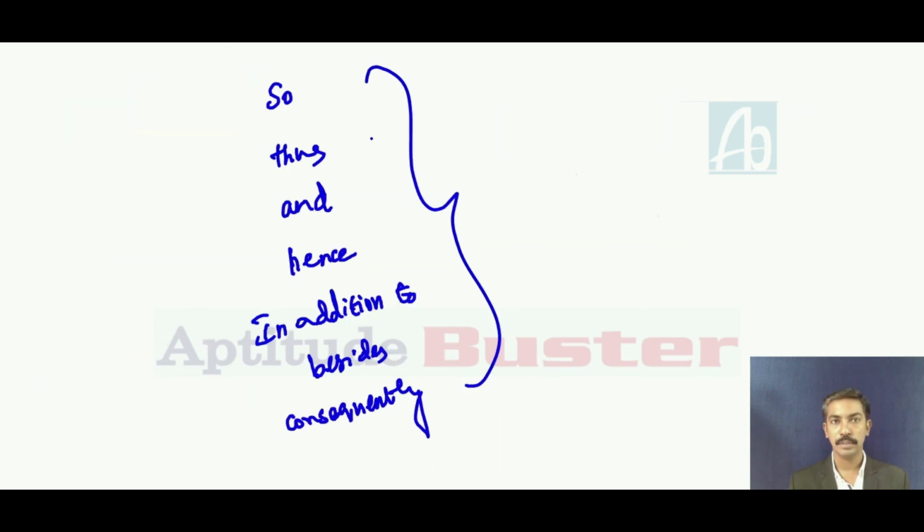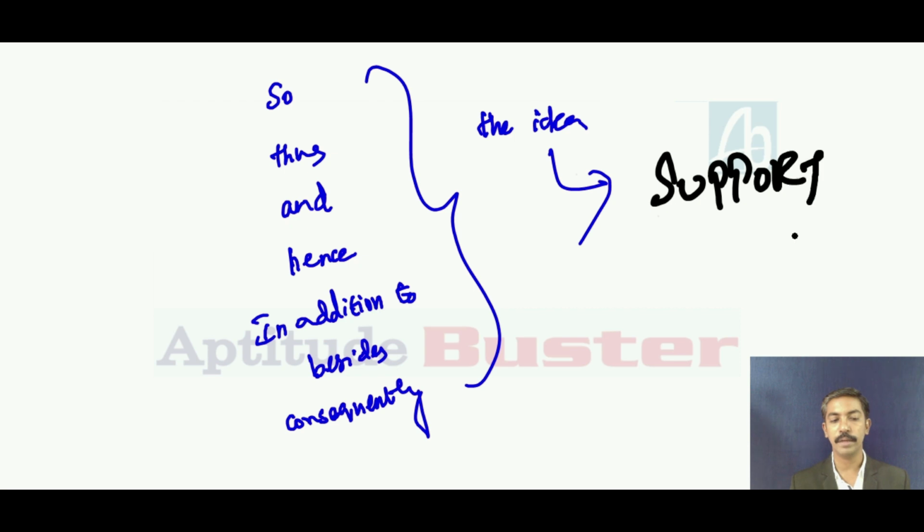When you come across any of these words in a sentence: so, thus, and, hence, in addition to, besides, of course, the word besides means in addition to, consequently, the idea followed by these words will support the main idea. The previous list, opposing triggers. The second list, supporting triggers.